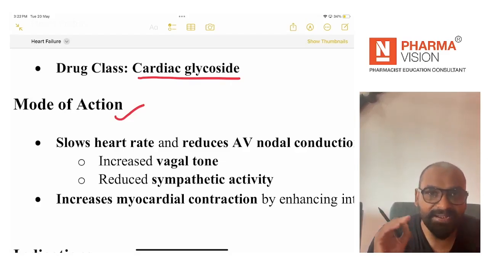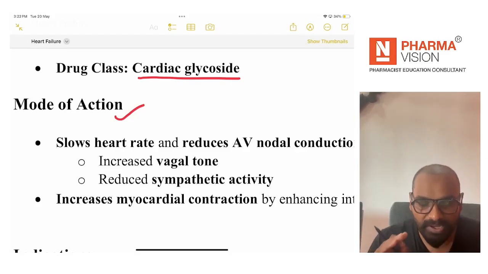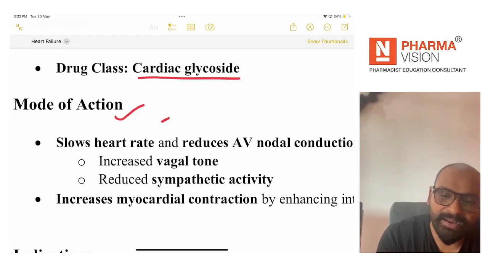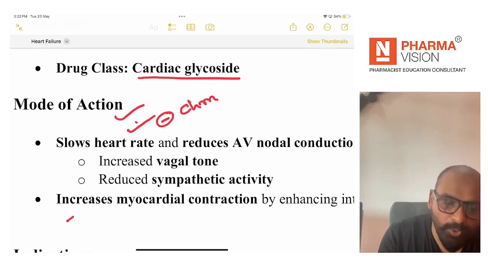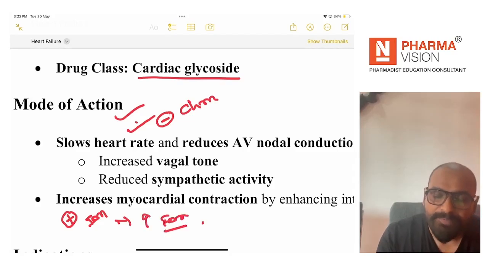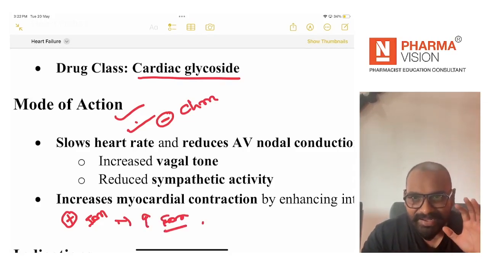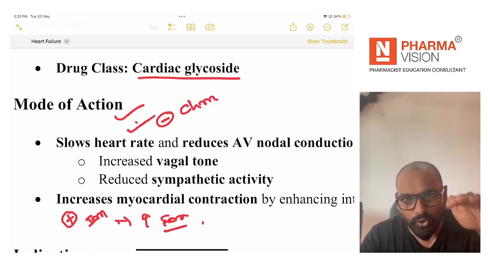One is a negative chronotropic effect, that means it slows down the heart rate, and the other is a positive inotropic effect, that means it increases the force of contraction. So Digoxin increases the force of contraction and slows down the heartbeat.